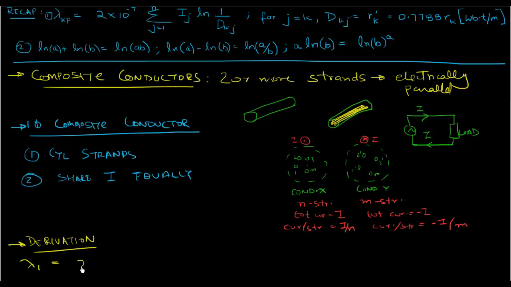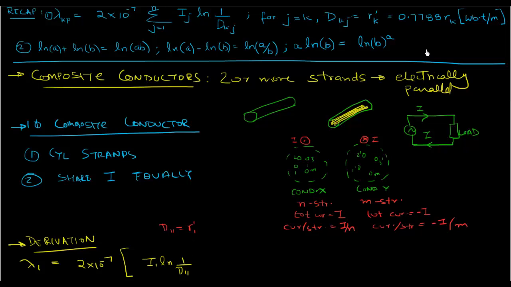So we're going to say that's going to be equal to 2 into 10 to the power minus 7, and then we have I1 ln of 1 over d11. So d11 is that special case which is dkj, j is equal to k. So in essence, d11 is nothing but r1 prime, right?